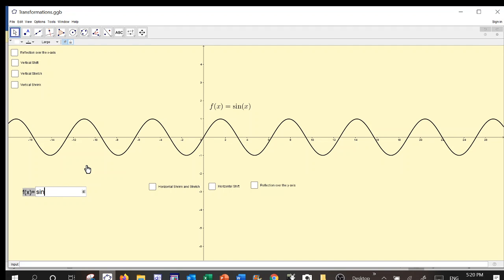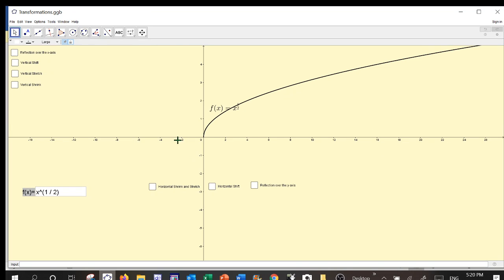You don't know trigonometric functions, so I'm just going to change it to x to the power of... Now, a square root of x is x to the power of 1 over 2, right? 1/2. So that's the function.